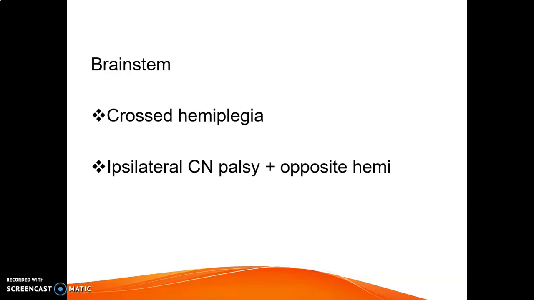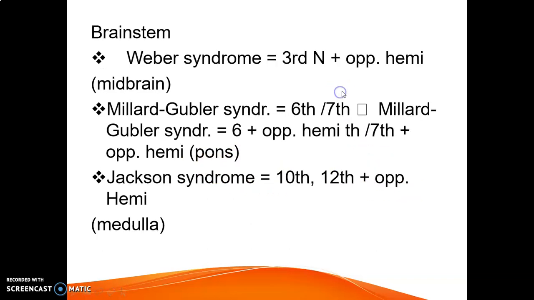But if the brainstem is affected, on the side where the brainstem is affected, the same side face will be affected, that is, the cranial nerve of that side. But the body, upper limb and lower limb, on the opposite side will be affected. So we call it ipsilateral cranial nerve palsy and opposite side hemiplegia.